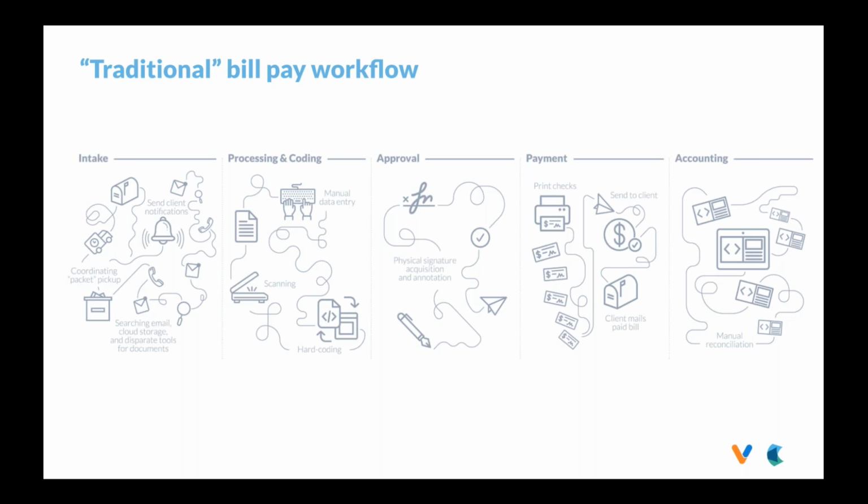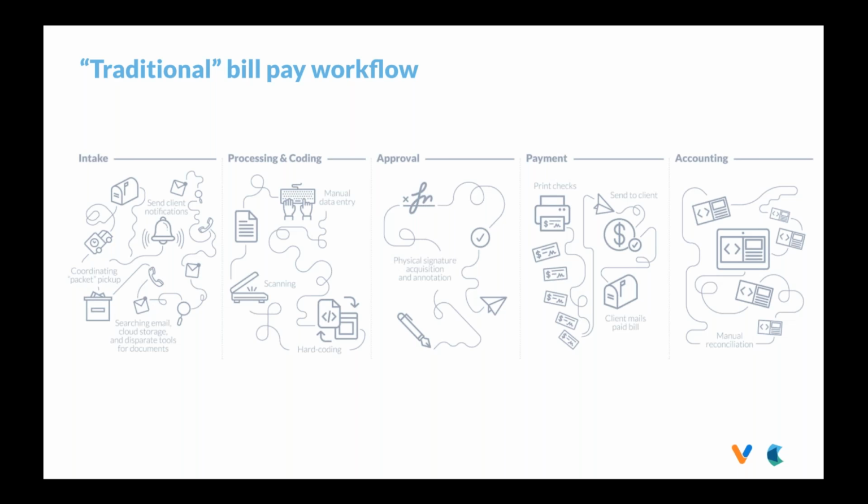In addition to that, once you get access to a bill, you might find yourself entering data into your accounting software before you start to even pay it. If your clients have a high volume of bills, you could assume that this adds even more time into the workflow. And then once you have access to the bills, you have to go through relatively complex approval processes. If you don't have a centralized system to manage that, you might be doing this over email or by phone or by fax.